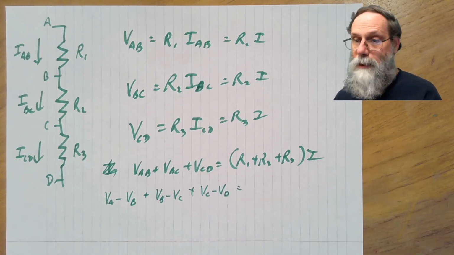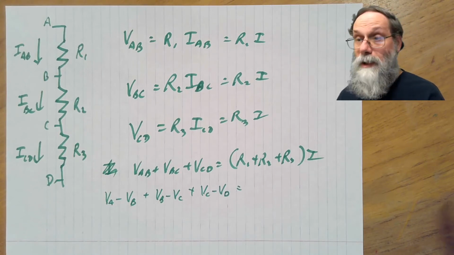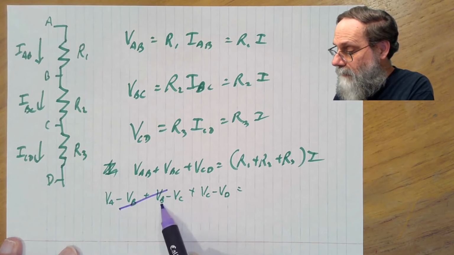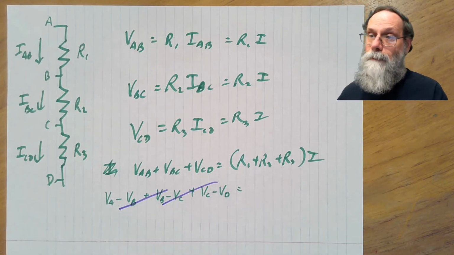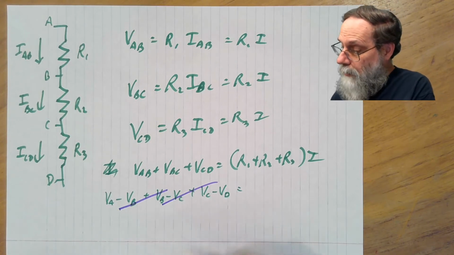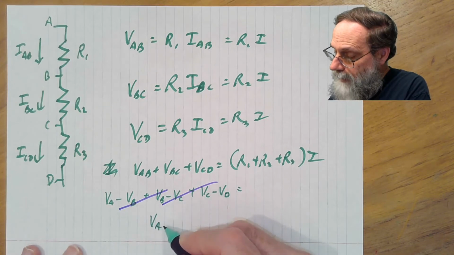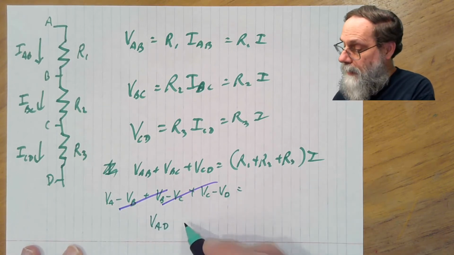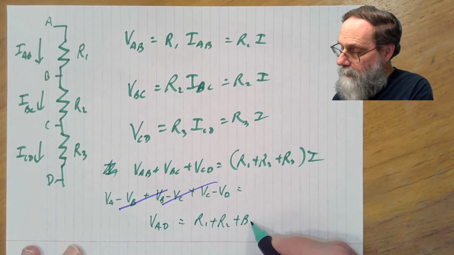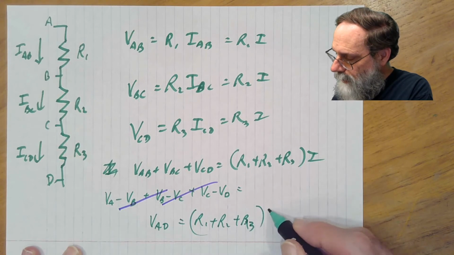And that's again equal to R1 plus R2 plus R3 times I. But we've got some stuff here that cancels. Minus VB and plus VB, minus VC and plus VC, cancels. And we end up with just one thing, the voltage from A to D is equal to R1 plus R2 plus R3 times I.